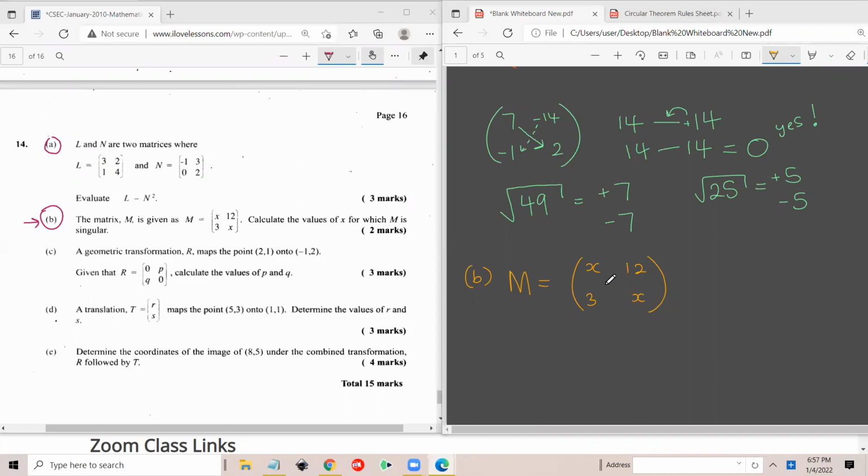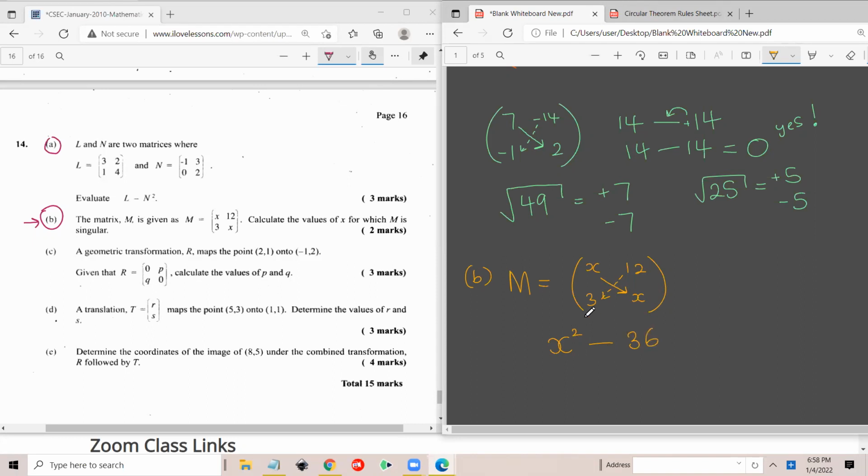So let's go ahead and find the determinant. We have to multiply this diagonal first. X by X is X squared. As soon as you finish this multiplication, you must put a minus sign. Then you multiply the other diagonal. 3 by 12 is 36.